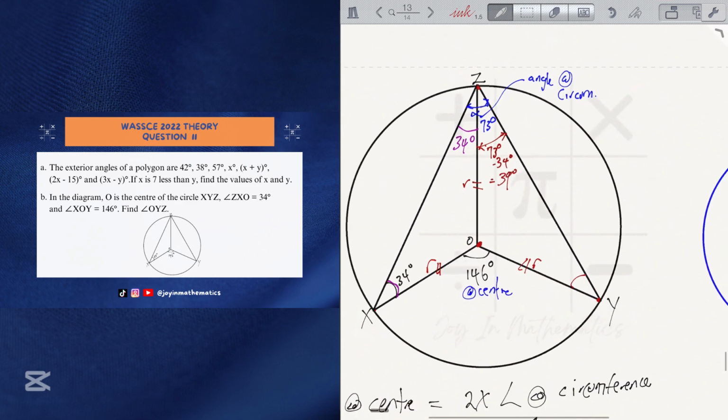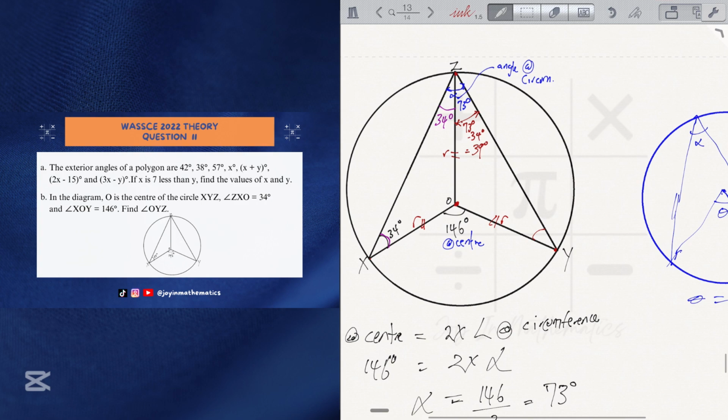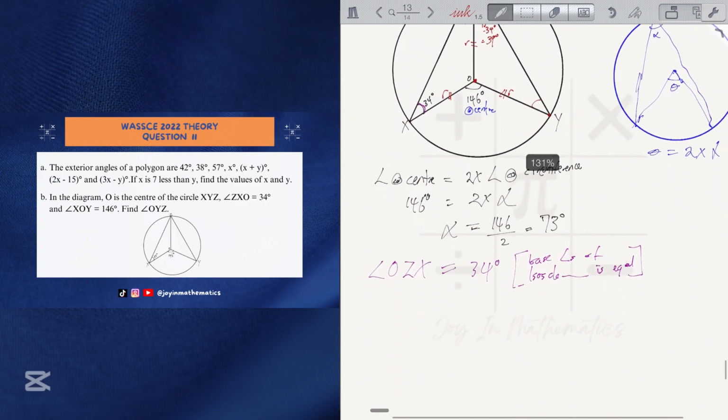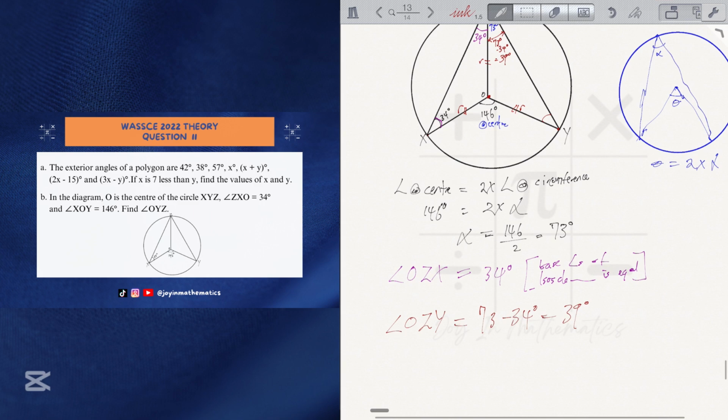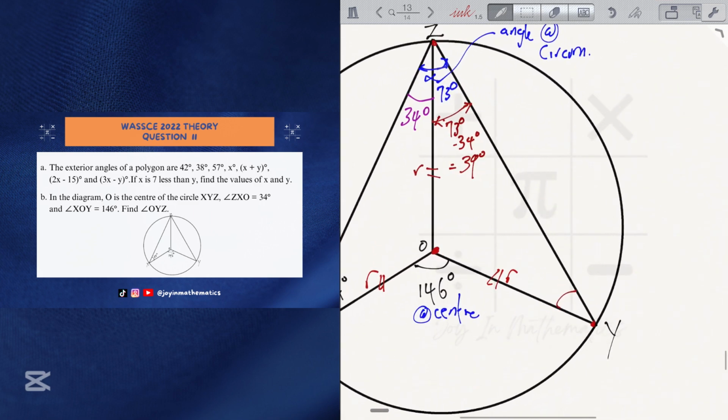Now, just as we have done here, angle OZY is equals to 73 minus 34 degrees, which is equals to 39 degrees. So in the same vein, we know that this is an isosceles triangle.